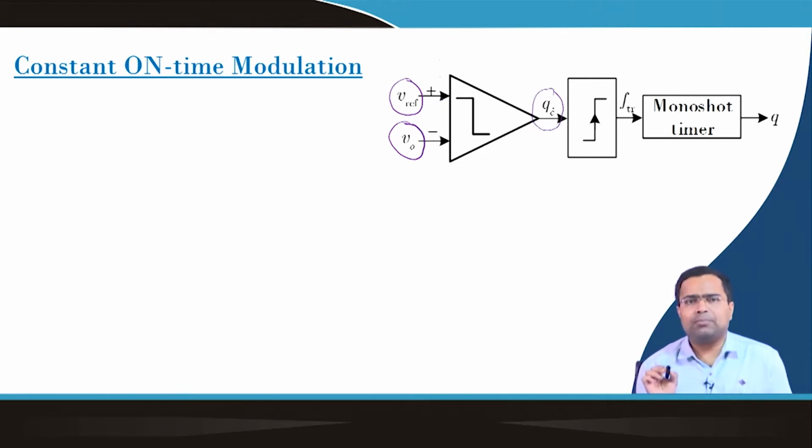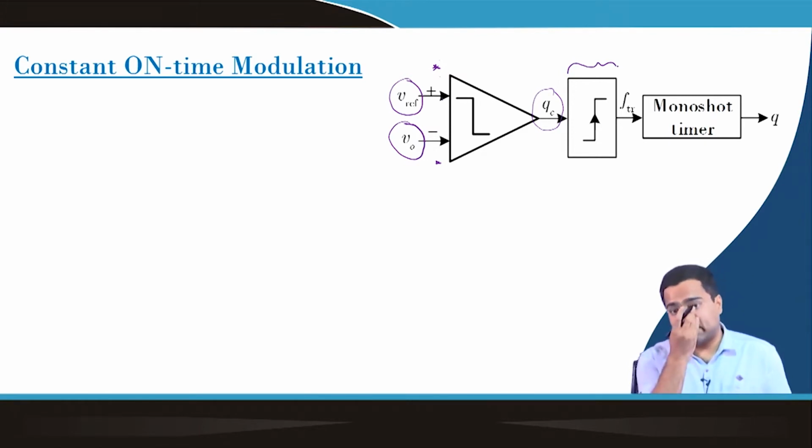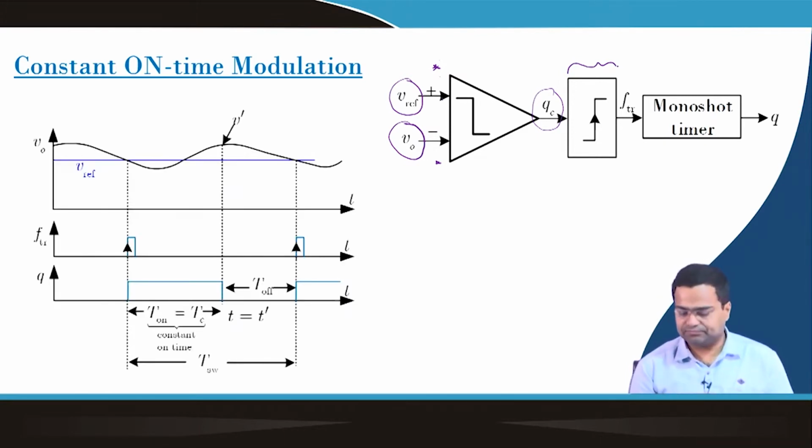The output of the comparator will go high when the output voltage is below the reference voltage, or the reference voltage is above the output voltage. That means when the positive terminal is higher than the negative terminal, the comparator output goes high. And here we are detecting the positive edge of the comparator output.